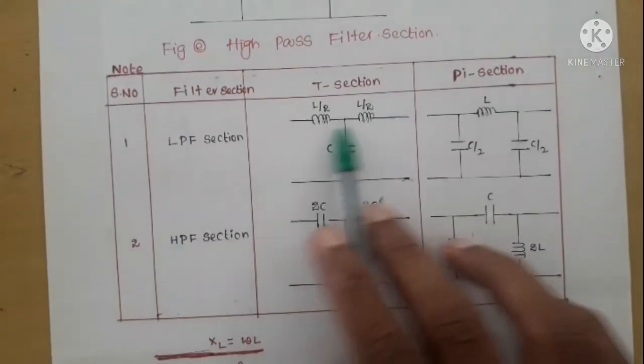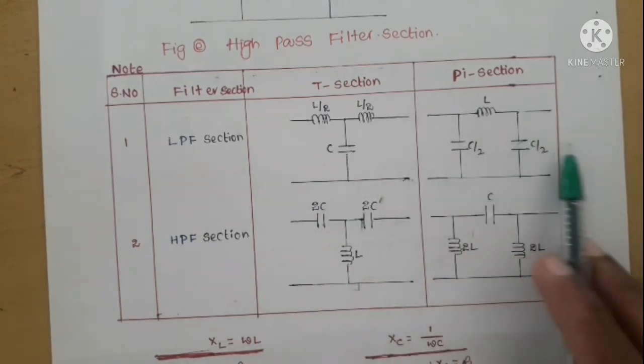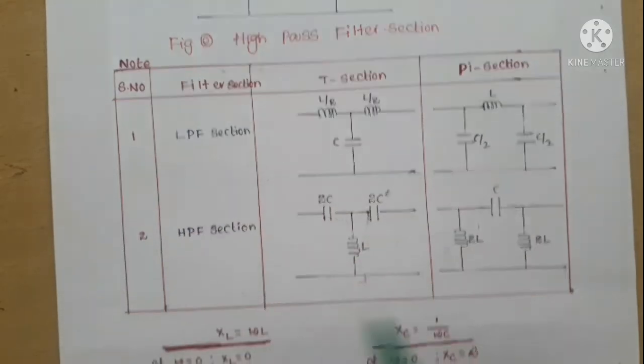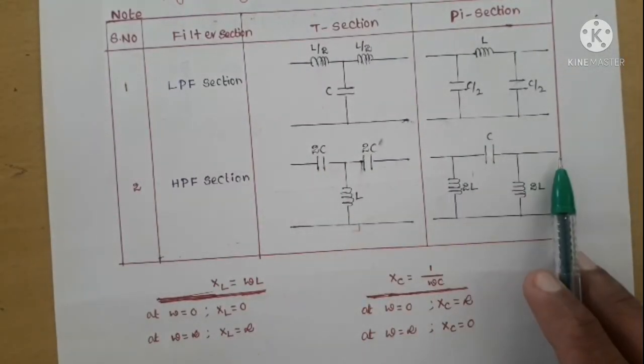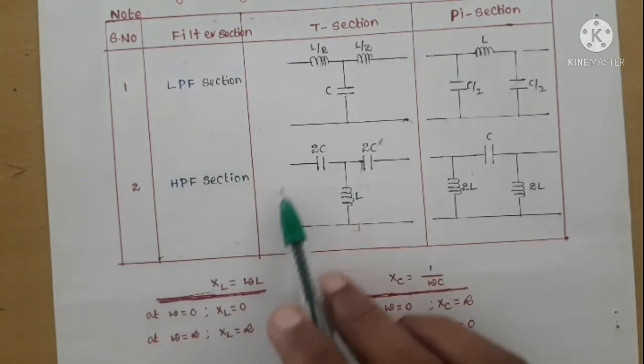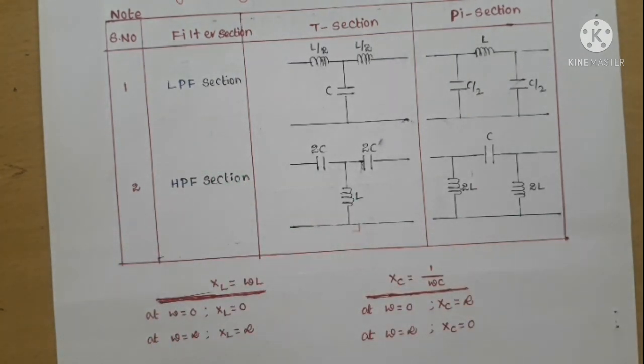So if in series there is an inductor, and in parallel there is a capacitor, then it acts as a low pass filter section. If in series there is a capacitor, and in parallel there are inductors, it acts as a high pass filter section or high pass filter.